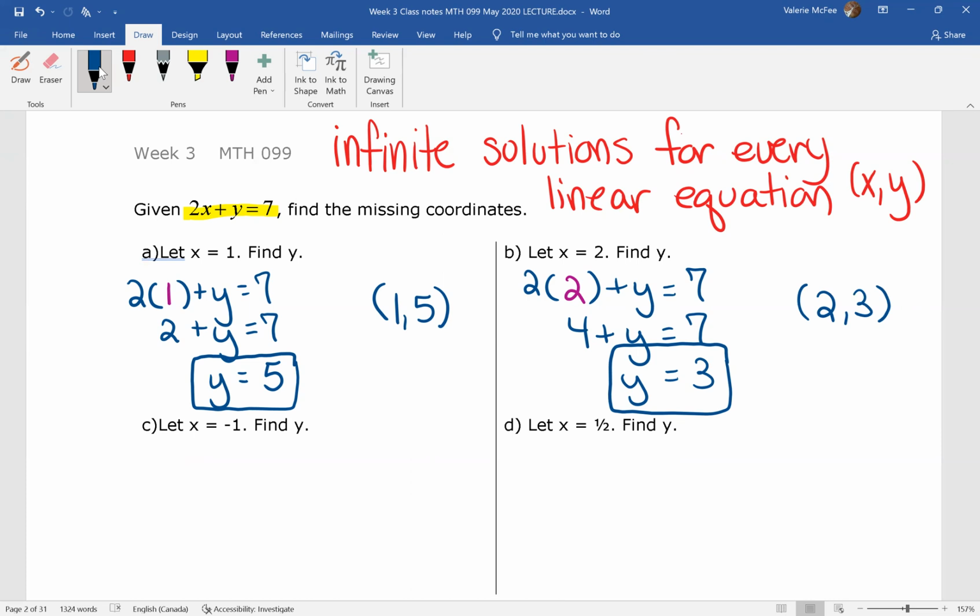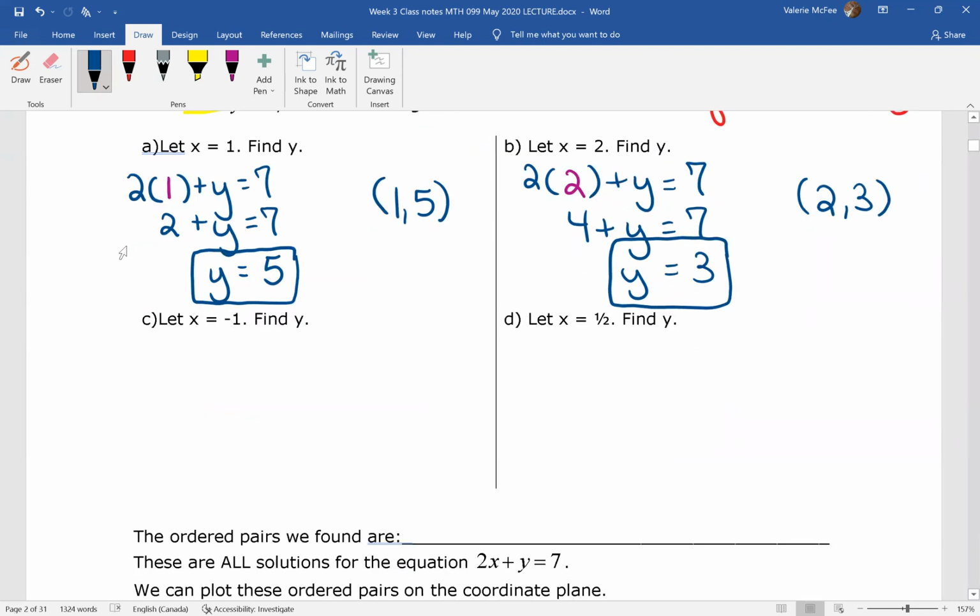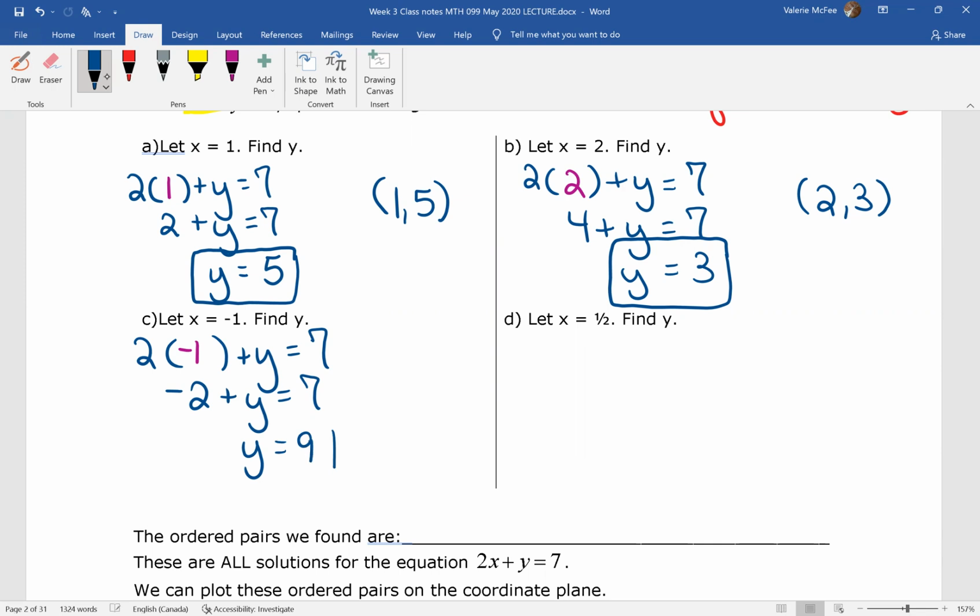Pause your video and find the missing coordinate for C. Add 2 to both sides. And of course, the ordered pair.